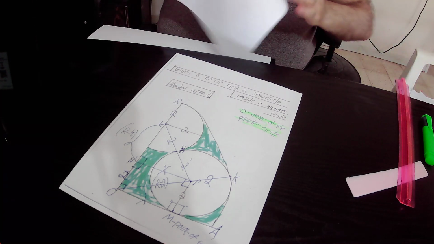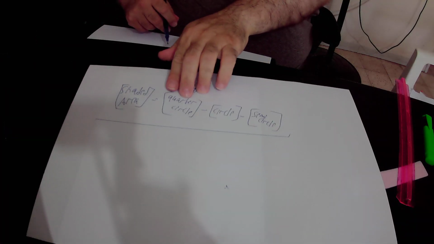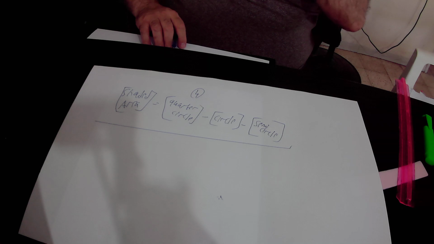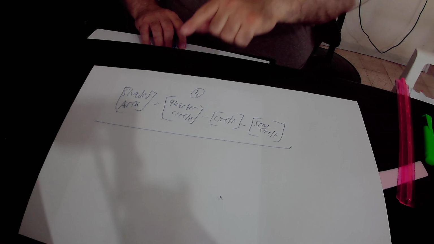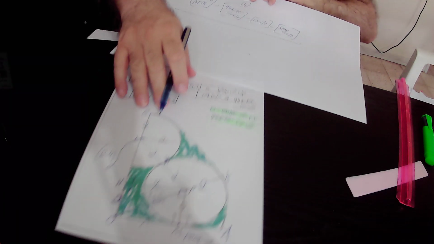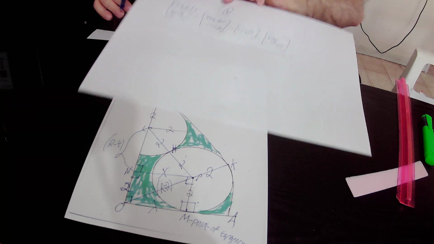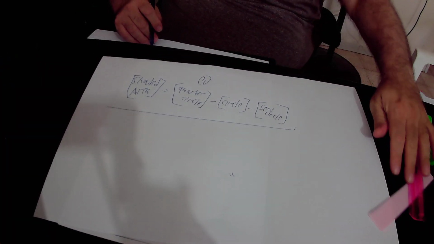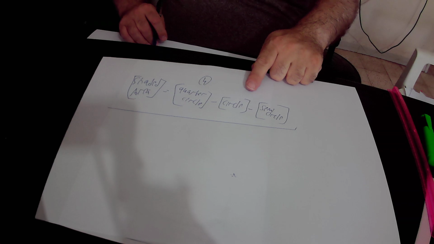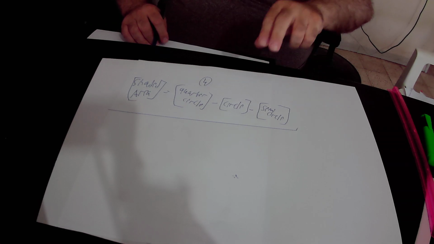I'll repeat again. The shaded area equals the area of the quarter circle minus the area of the circle minus the area of the semicircle.